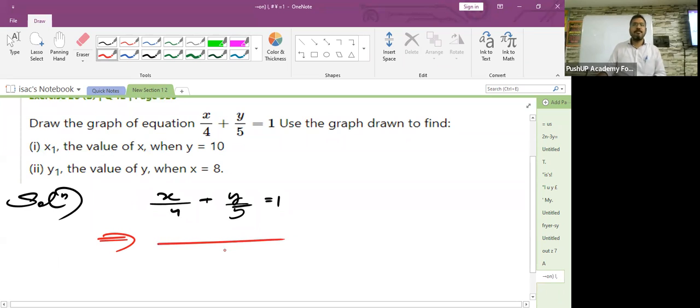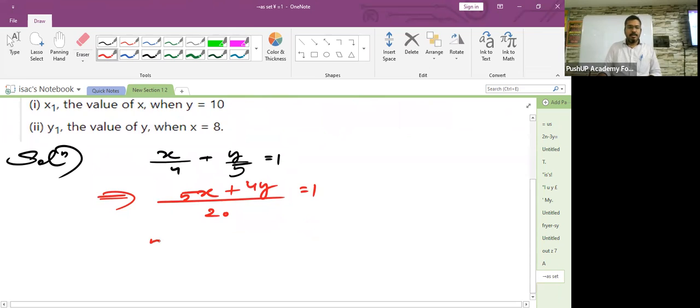What is the LCM of 4 and 5? 20. Now 20 by 4 is 5, so 5 into x is 5x, plus 20 by 5 is 4, and 4 into y is 4y, which is equal to 1. Now, children, 5x plus 4y is equal to 20 into 1, which is 20.